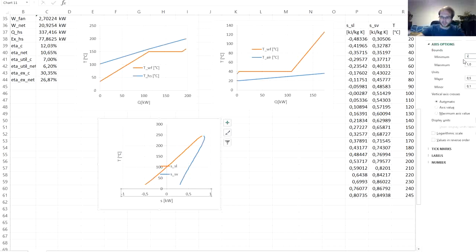So let's go from minus 0.5 up to, let's say, 0.8, maybe 0.9. Now the crossing of the y-axis at minus 0.8.